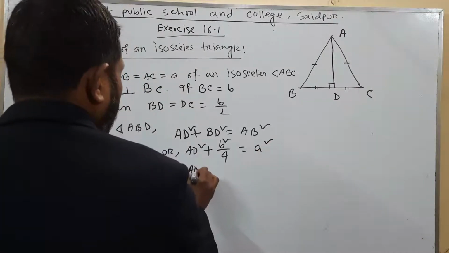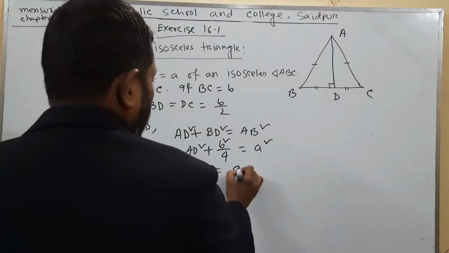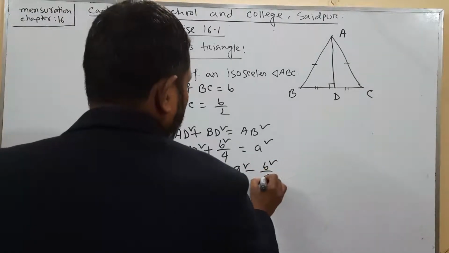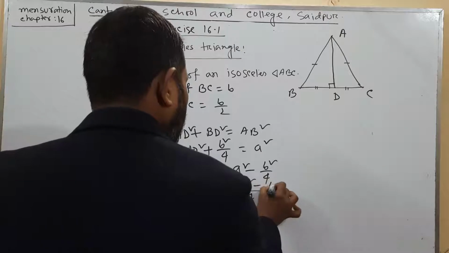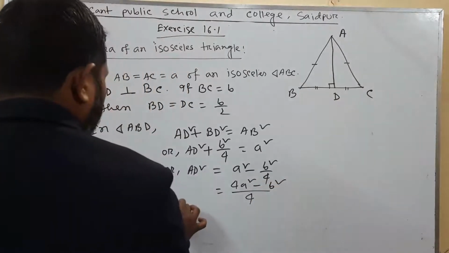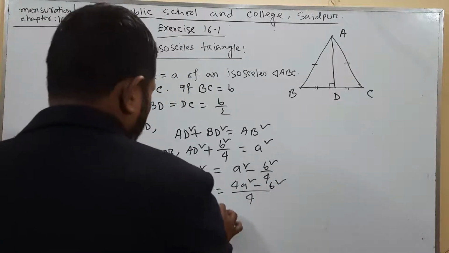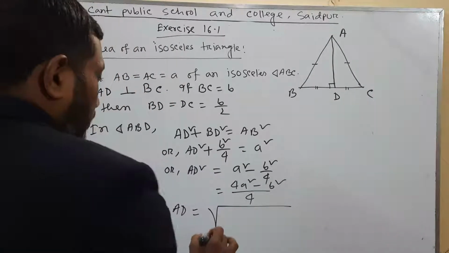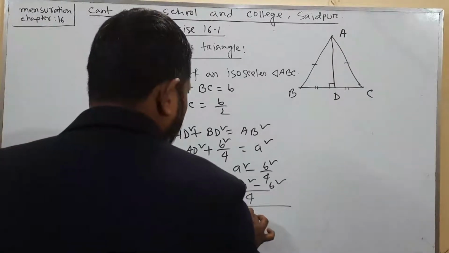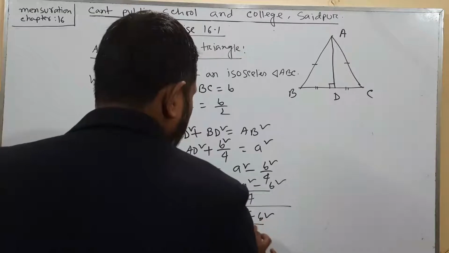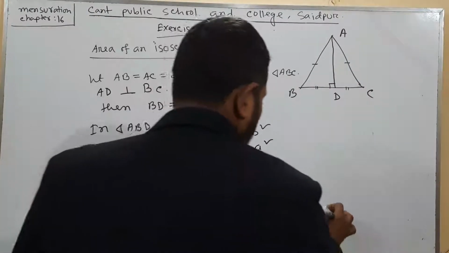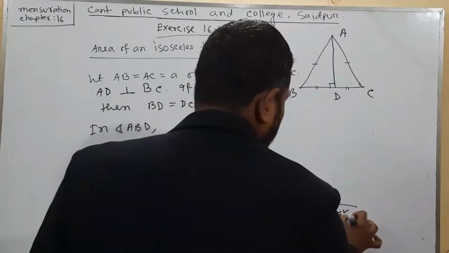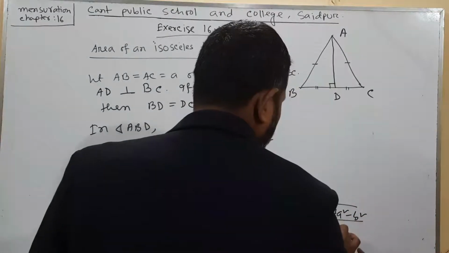So AD square is a square minus b square by 4, that is 4a square minus b square by 4, or AD is equal to square root of 4a square minus b square by 2.